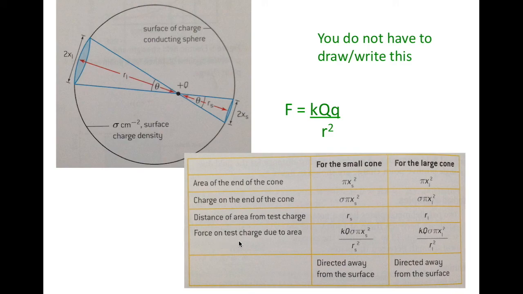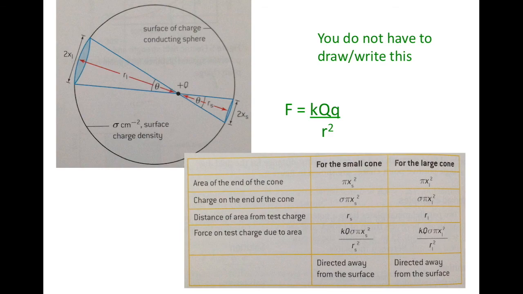So we would get the force on the test charge due to the area as being k times charge 1 times sigma pi x_s squared, all divided by r_s squared. For the large cone, the force on the test charge due to the area would be k times charge 1 times sigma pi x_l squared divided by r_l squared.